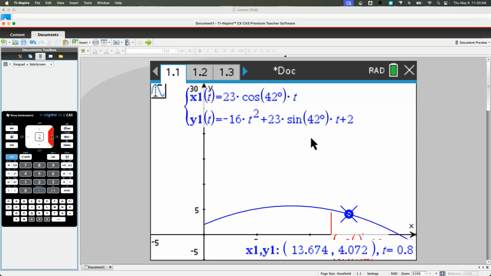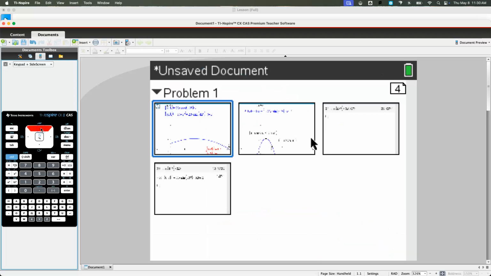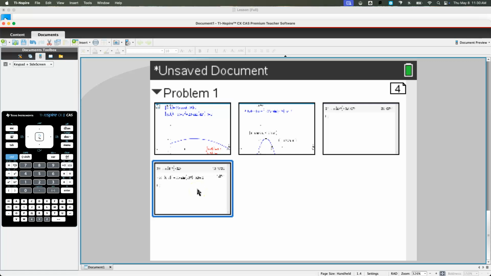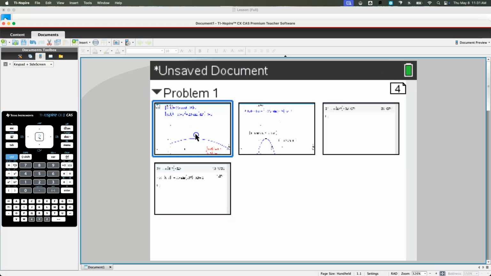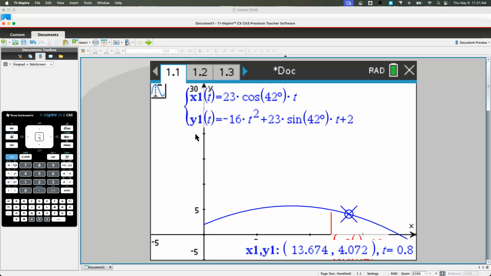So there are the same numbers there: 13.674 feet away from the launcher, 4.072 feet off the ground. So we can calculate it either with math by plugging in 0.8 for t in our equations, or we can trace it out to that point on our graph.